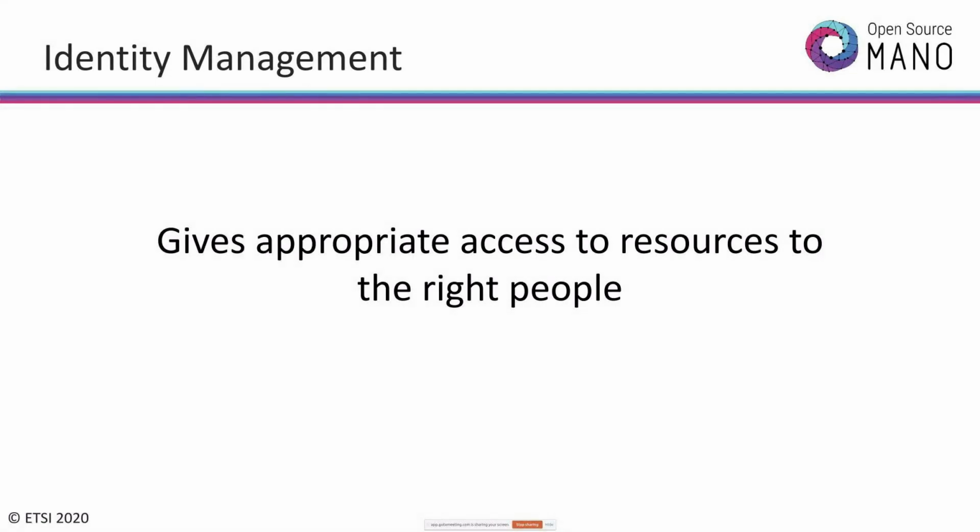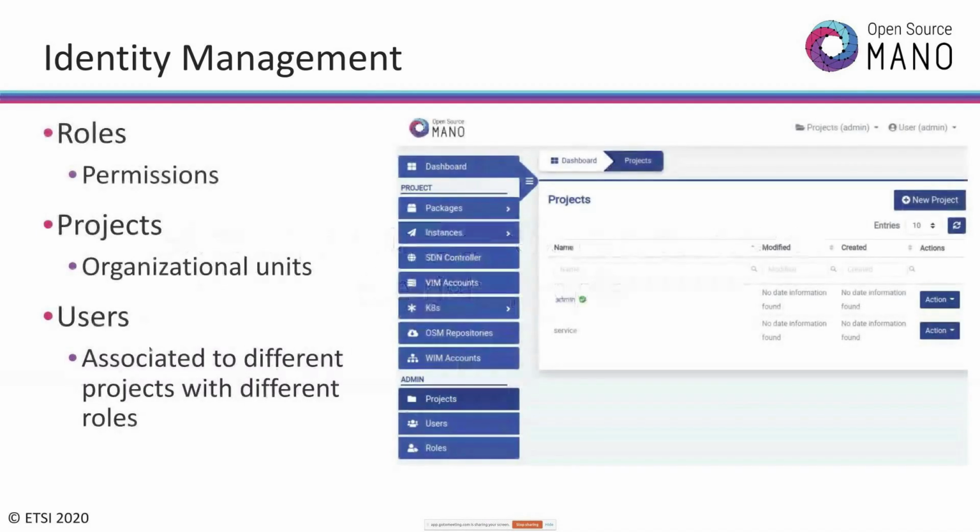Now we are going to talk about identity management and system quotas. So let's start with identity management. An identity management system provides access only to the resources needed to the right people, but only for those. So OSM uses RBAC, role-based access control, for this purpose.